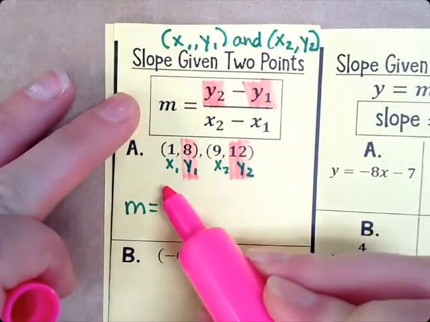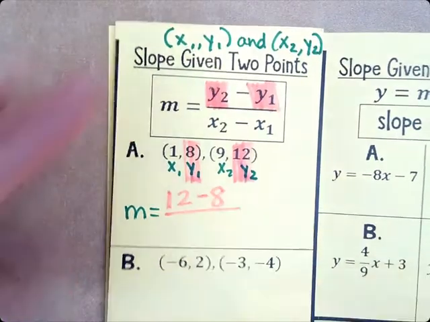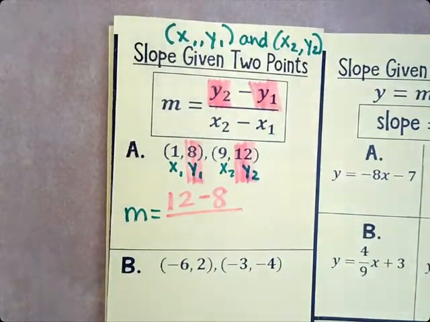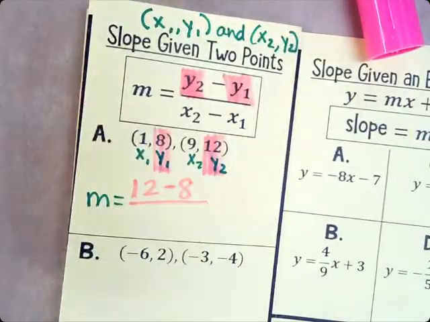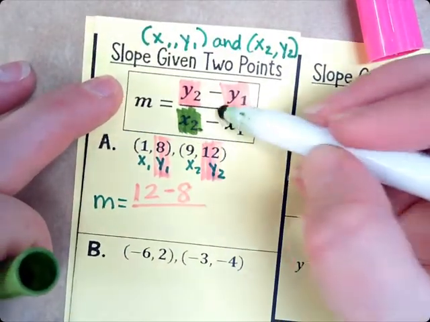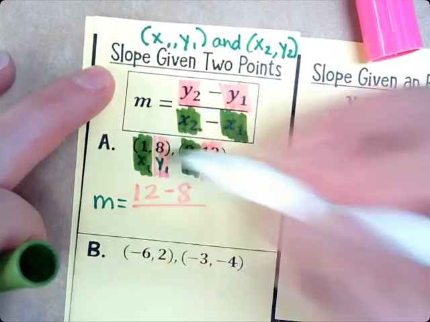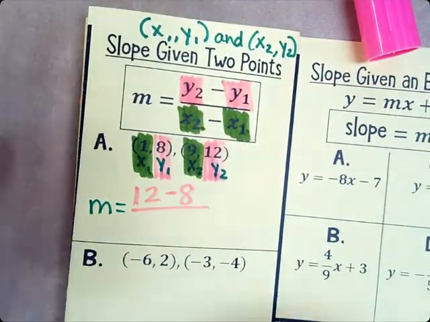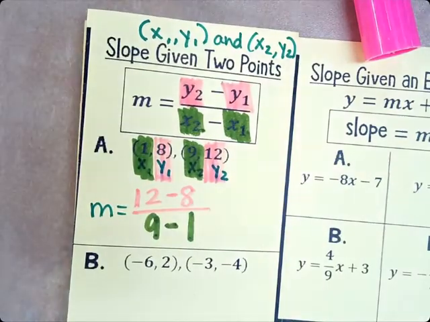So that would be 12 minus 8 over X2 minus X1. So that would be 9 minus 1.